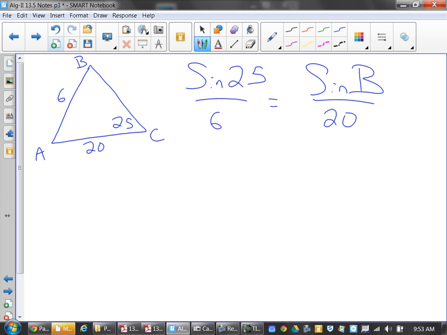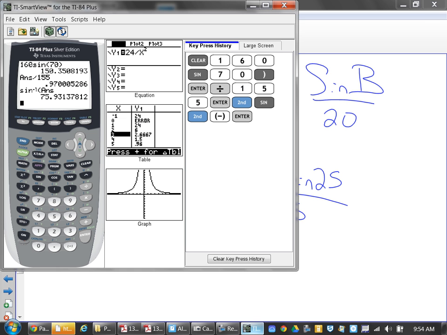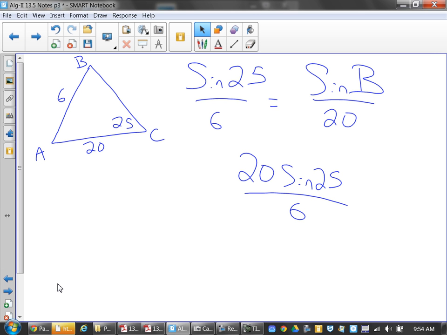What am I going to have to multiply out by first? 20. So in my calculator, I'll type in 20 sine 25 divided by 6. And then I'll do the inverse of that to find the angle. Let's do that. 20 sine 25.